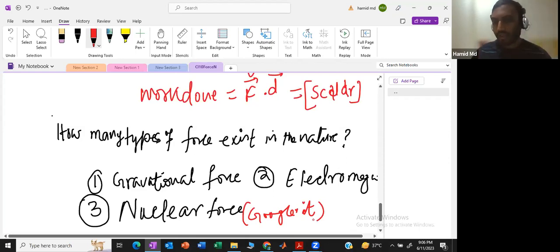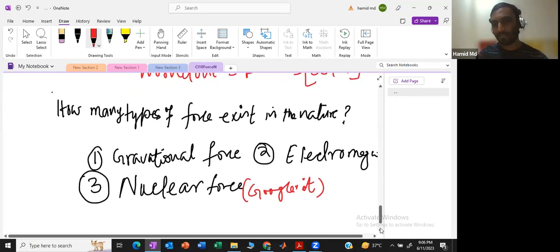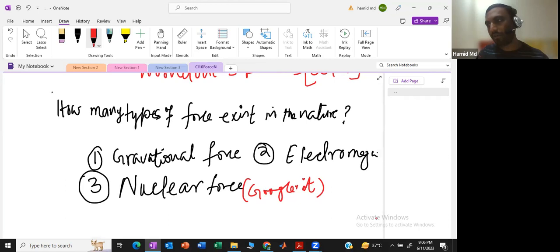There are more forces as well, like frictional force. Should I add it to the list, or should we move further? You can add it, sir, so I can have an idea of what forces there are.